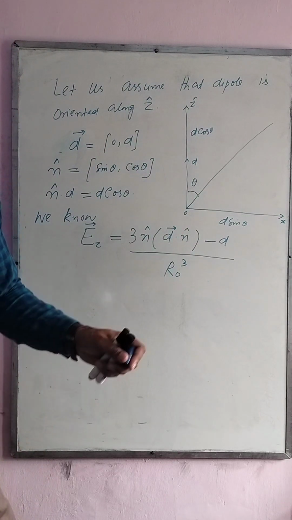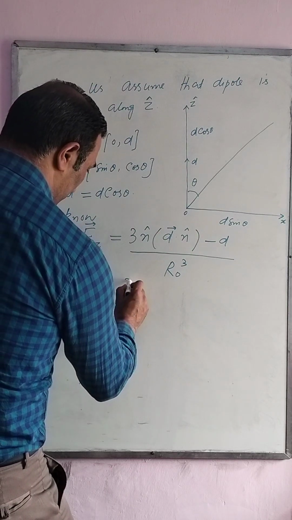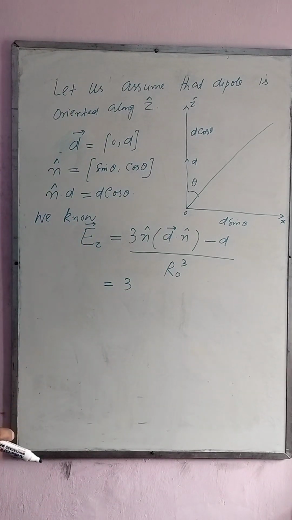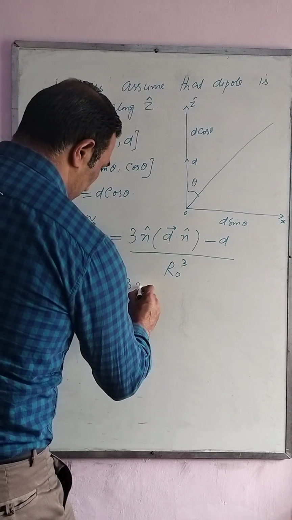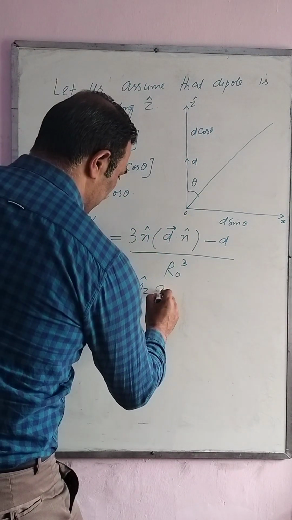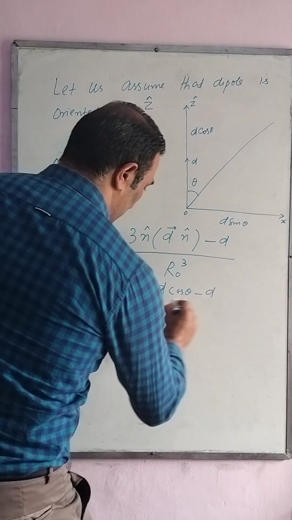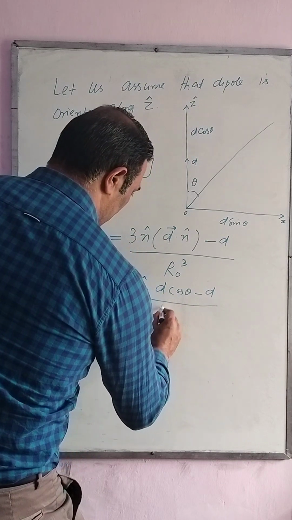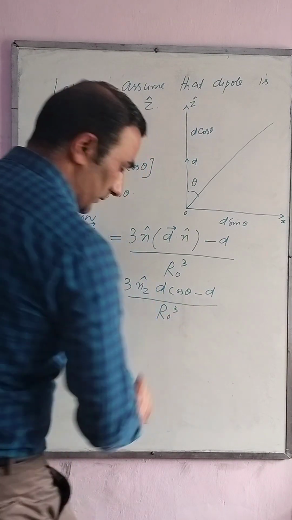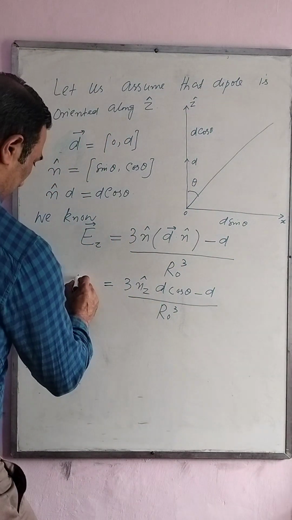Okay, or you can derive this as, so this will be equal to 3, this will be nz, and d dot n will be equal to d cos theta, minus d upon r. Okay, you can rewrite this as, so this is the easy form.